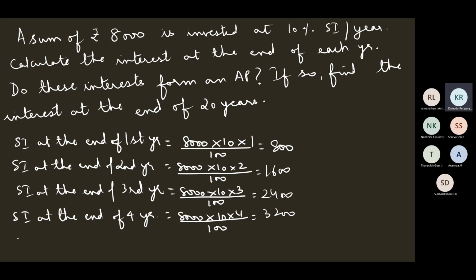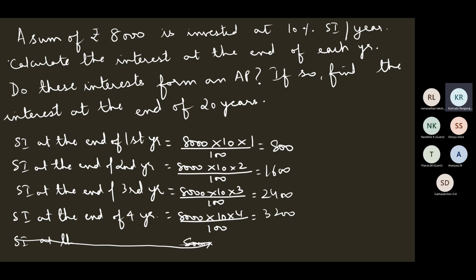A20, ma'am. Oh, you found using the formula, is it? Okay. So simple interest at the end of 20 years, you did the same thing, is it, children? Yes, ma'am. Oh, okay, that's why I understood you from your reaction.